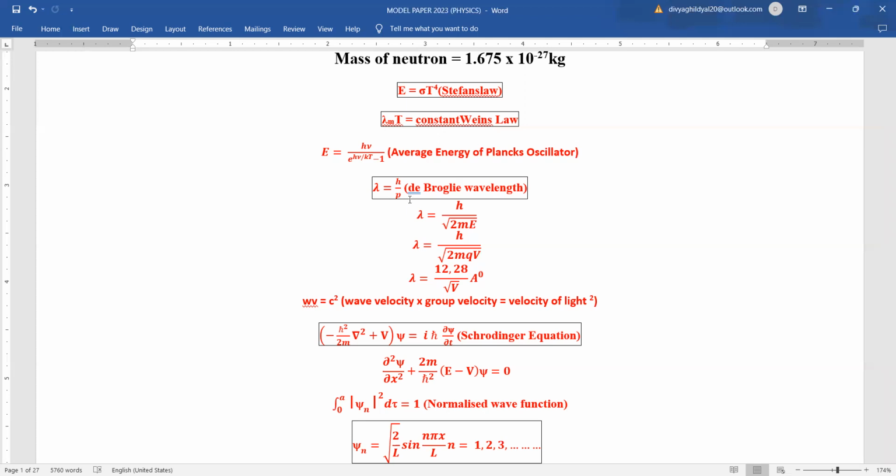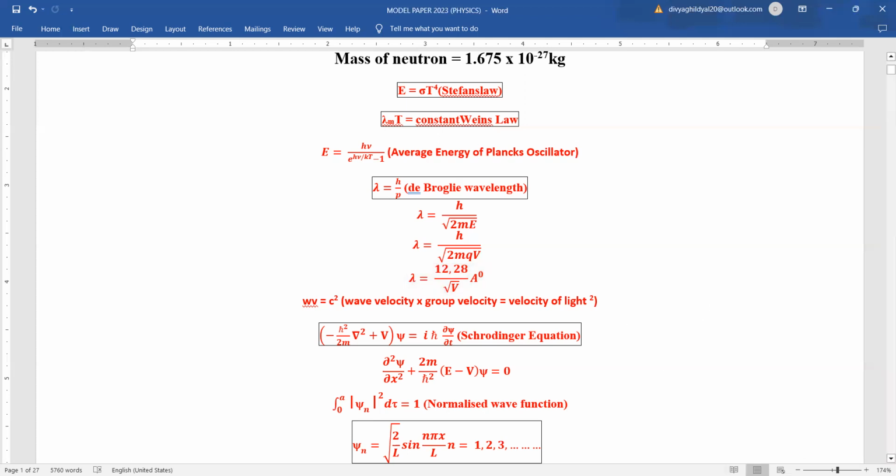Other ways of writing this formula is lambda equal to h upon under root 2mE, lambda equal to h upon under root 2mqV, where q is charge, V is potential difference, or lambda equal to 12.28 upon under root V, and here lambda comes in angstrom.